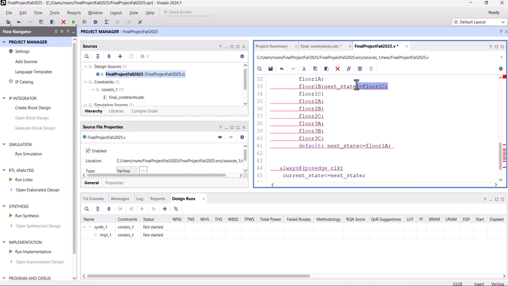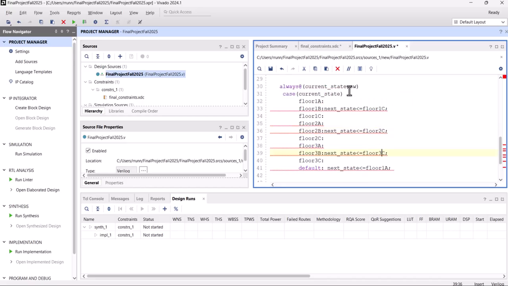And I can do something similar for these. Okay, but for the rest of these, it's going to be a lot harder.